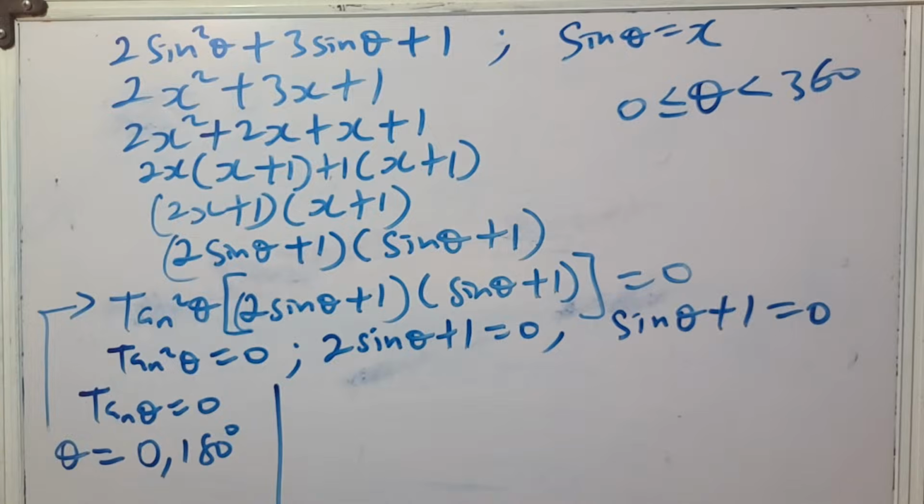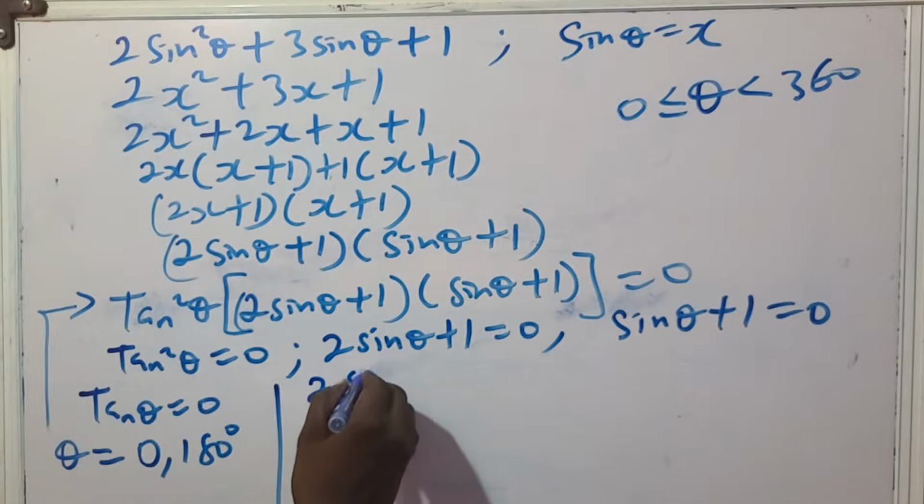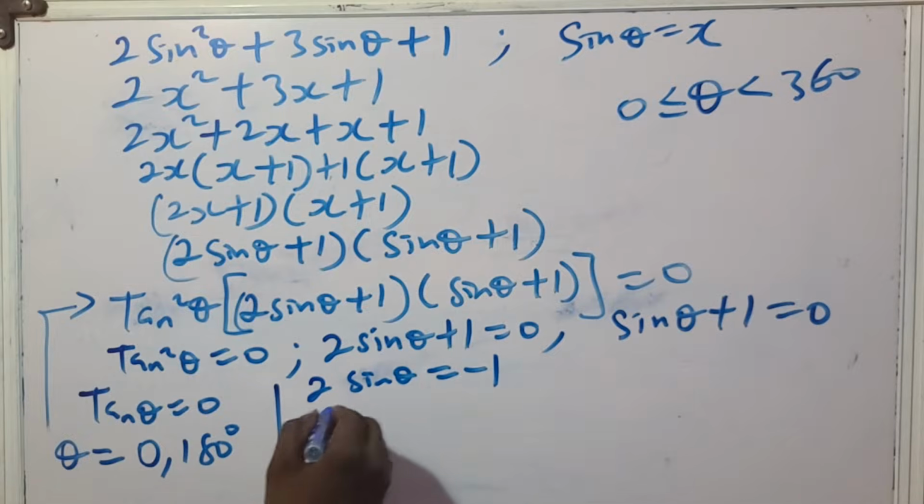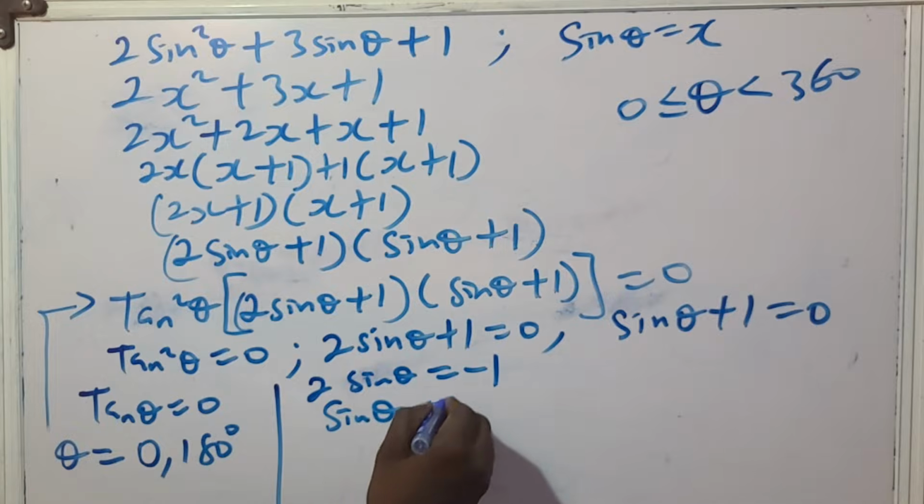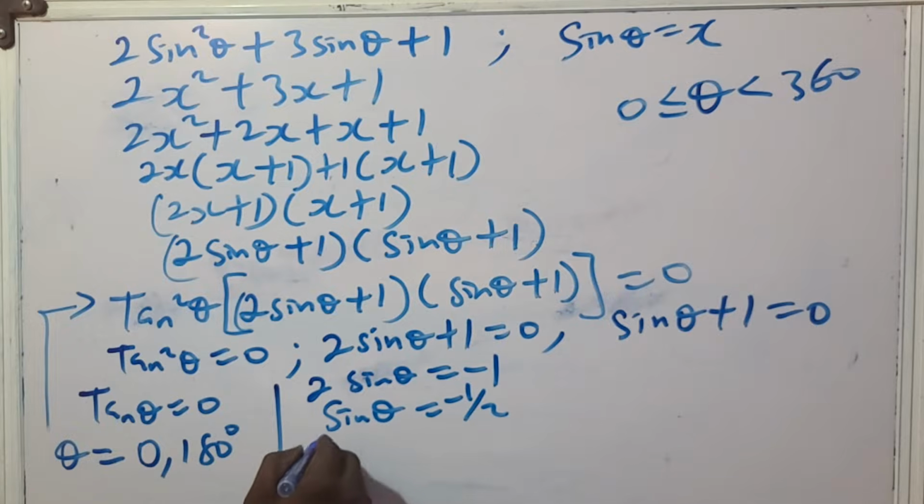Let's try and solve for this one. So in this case now, we have 2 sine theta equals minus 1. Then we have sine theta equals minus 1 over 2. So we have sine theta being equal to minus 0.5. Now, angle of any magnitude must apply here also.